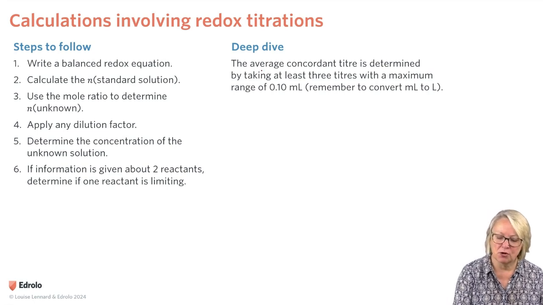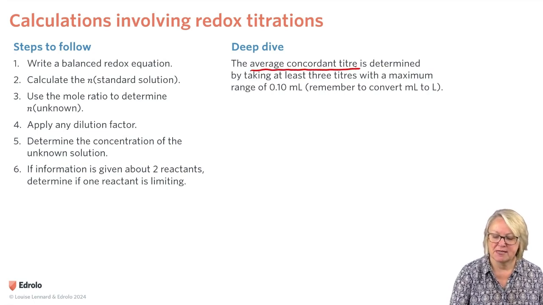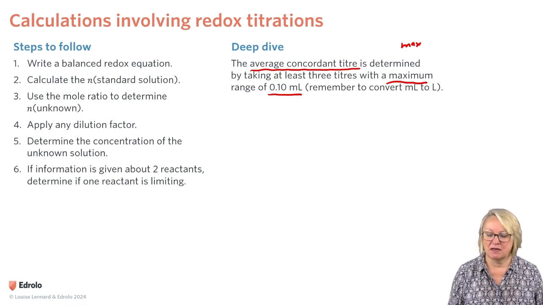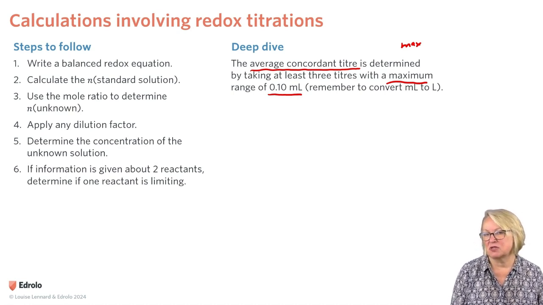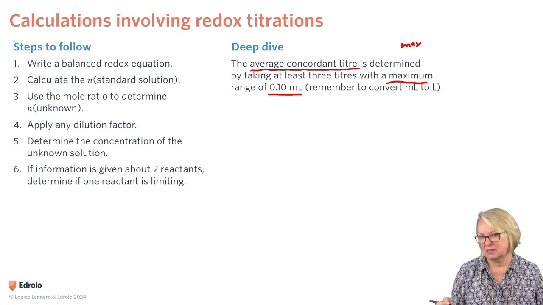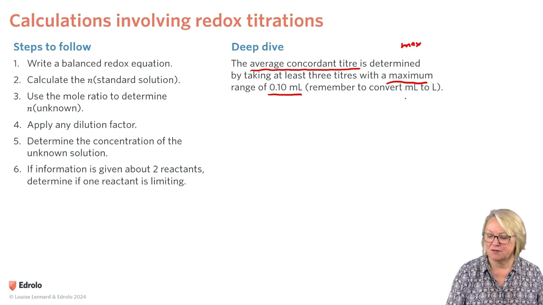So the average concordant titer, which means a maximum range of 0.10 mL, means that if you've overshot the first titration, you record that in your logbook, but you don't use it in your calculation of your average concordant titer. You only average the 3 concordant titers that you achieve. And don't forget to convert millilitres to litres by dividing by 1,000.